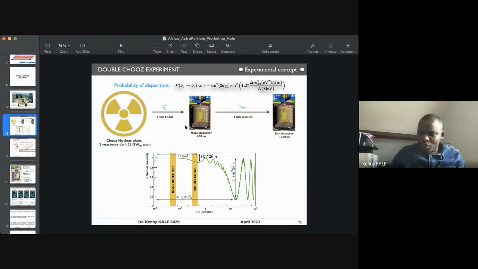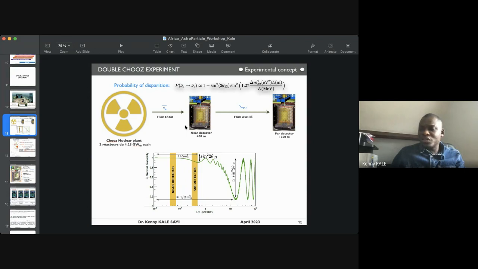The energy of these neutrinos, the orientation of the neutrinos, and other properties of these neutrinos depend on what is the nuclear fuel inside of the reactor. It depends on how this nuclear fuel is enriched. It depends at which power the nuclear power plant is operating.